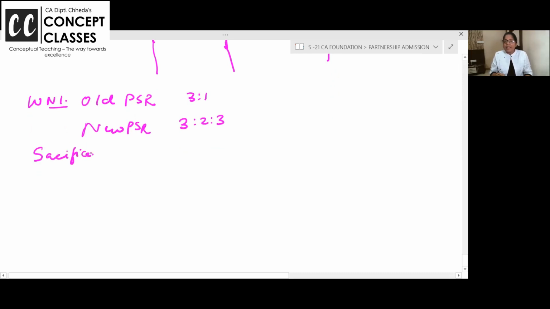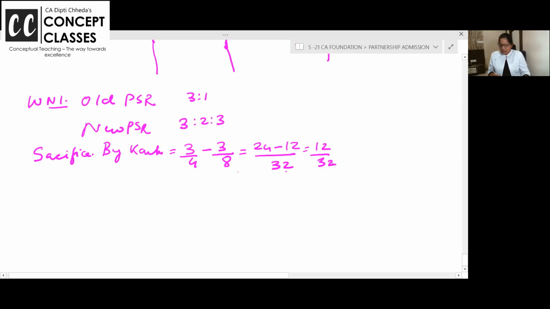Now, sacrifice. Why do we want sacrifice? For goodwill. Sacrifice by Kanha: old ratio 3/4, new ratio 3/8. The LCM is 32. 3 eights are 24, and the difference between 24 and 32 is 4. 4 multiplied by 3 is 12, so 12/32.